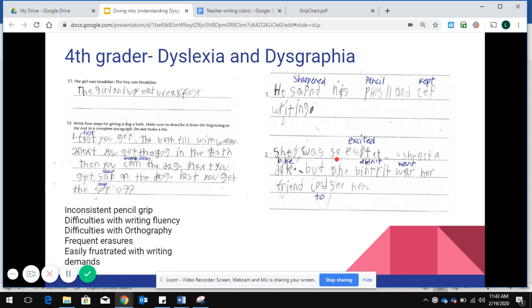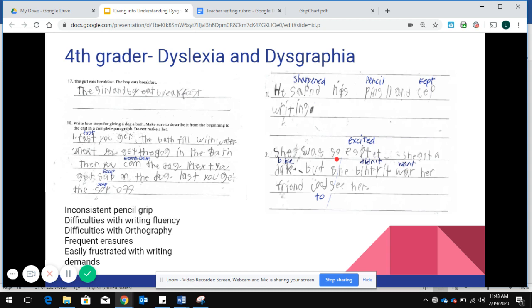So he demonstrated an inconsistent pencil grip, difficulties with writing fluency, difficulties with orthography, frequent erasures. He was easily frustrated with writing demands. His writing fluency, so how quickly he could write, was very impacted.